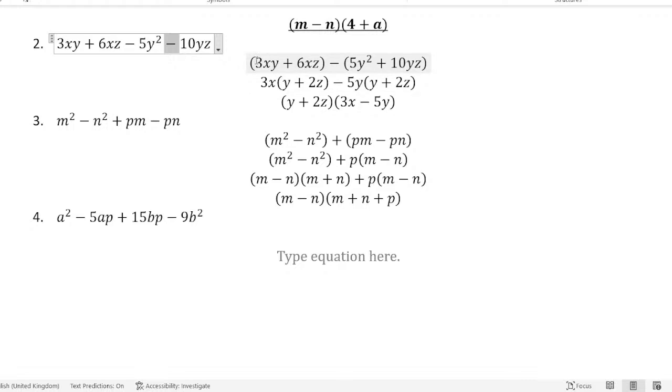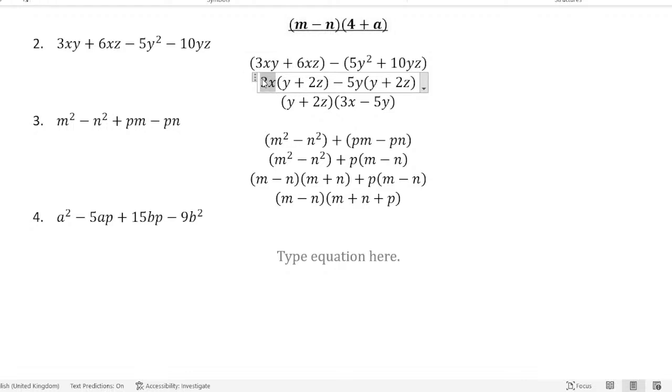Now we have to take the common factor. In this case the common factor is 3x. 3 goes into 3 and 3 goes into 6, right? Now we have dealt with the numerical coefficients. Now let's go to the variables. We have x here and we have x here. That's why we took our common factor as 3x.